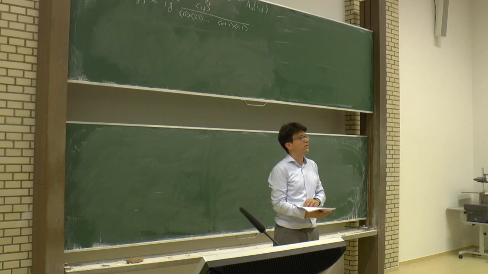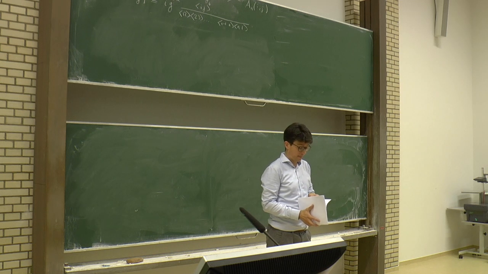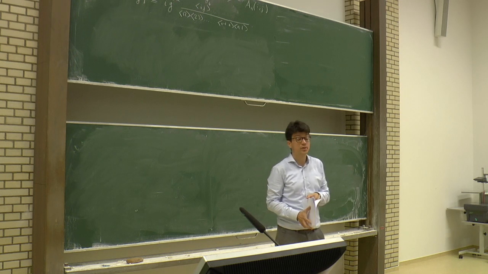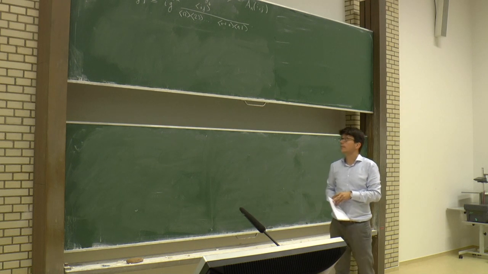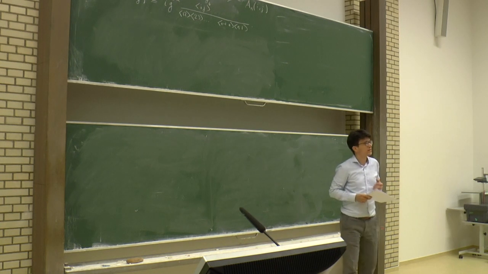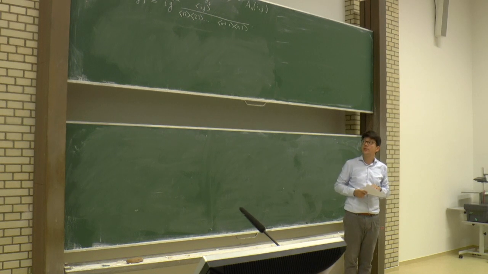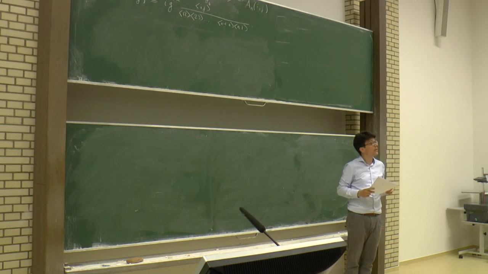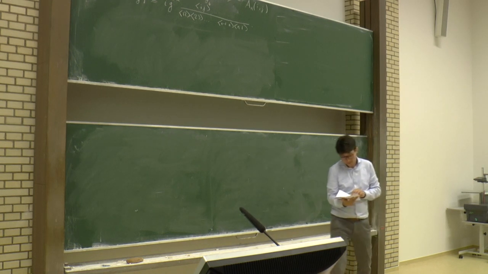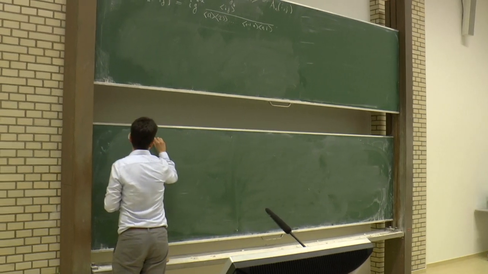So I'll first tell you how we deal with that, and then in the main bulk of the lecture, I'll tell you about a method for computing tree-level amplitudes recursively. This will be a completely general method. And with that recursion, you will be able to prove by induction that this formula for the MHV amplitude is correct.